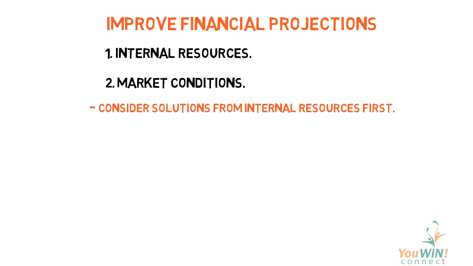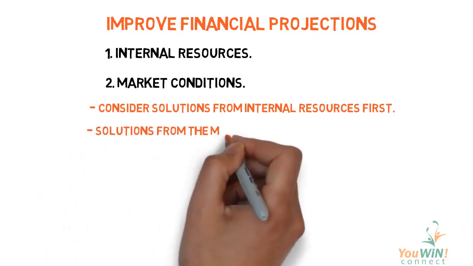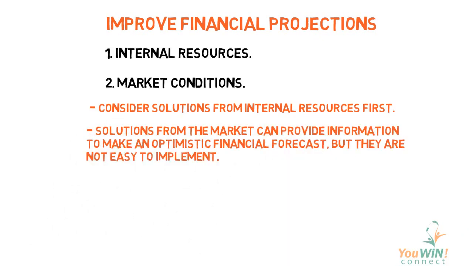Also, you can look at costs in terms of production costs and the cost of managing the enterprise, and see if there are things we can bring down so that financial projections will look better. Solutions from the market can provide information to make an optimistic financial forecast, but they are not easy to implement. For example, we can increase sales or reduce the cost of sales.